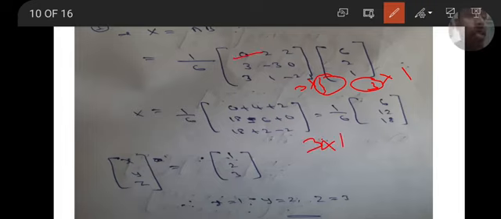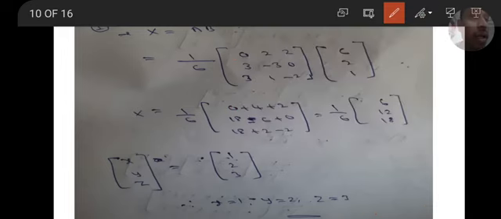So multiply this row and this column: 0 into 6, 0, 2 into 2, 4, 2 into 1, 2. Next, second row and this column: 3 into 6, 18, minus 3 into 2, minus 6, 0 into 1, 0. Next, third row, same column: 3 into 6, 18, 1 into 2, 2, 2 into minus 2 into 1, minus 2.